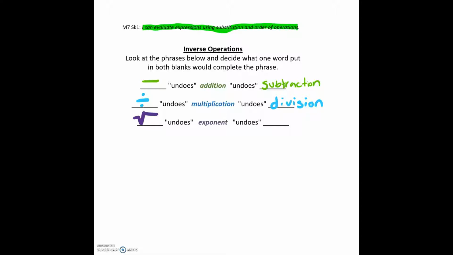That means an exponent undoes roots. Now, remember with roots, you can have a cubed root, and this number can be many other things. So don't get confused when you see a root symbol that has other numbers, okay? We're only going to talk about squares and cubes here, but there are others that exist.